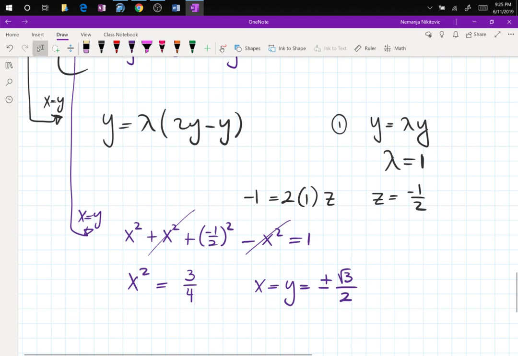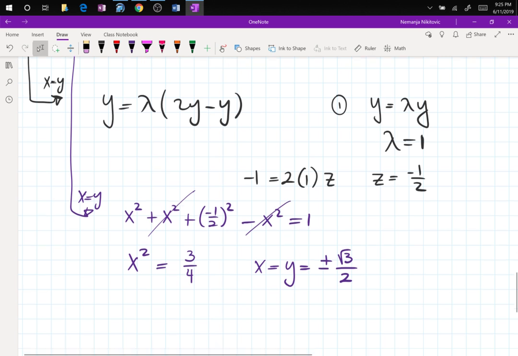Now you might be tempted, you have to be careful about this, guys. You might be tempted to write 4 points for positive root 3 over 2 and negative root 3 over 2. But you can't write 4 points because x must be equal to y. So when they have opposite signs, it's not going to be part of this problem.